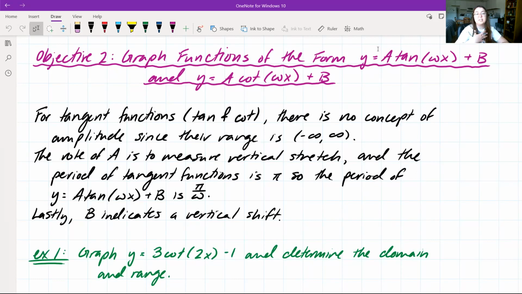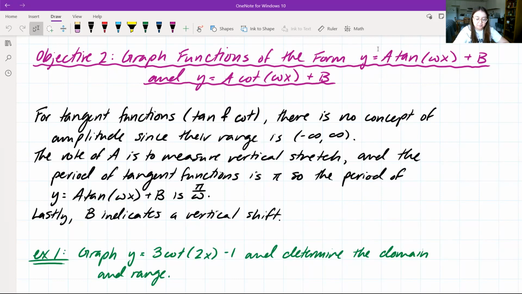The period of tangent is pi. So when we see the equation y equals a tangent of omega x plus b, the period of our graph would be pi over omega. Our range for these functions is always negative infinity to infinity, but a estimates our vertical stretch.